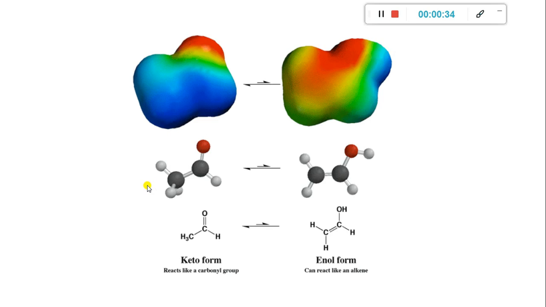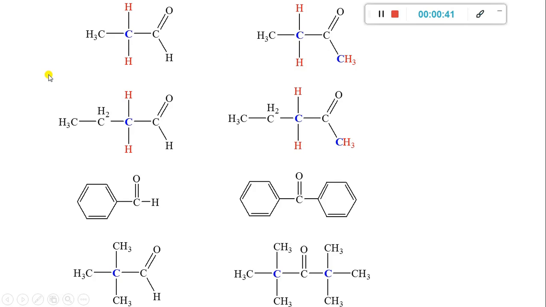So let's take some examples of different organic compounds and decide which one will undergo and which one will not undergo aldol condensation. The first compound is the aldehyde propanal, which contains 2 alpha hydrogens, so it will undergo. The other one contains 2 alpha hydrogens, so it will undergo.